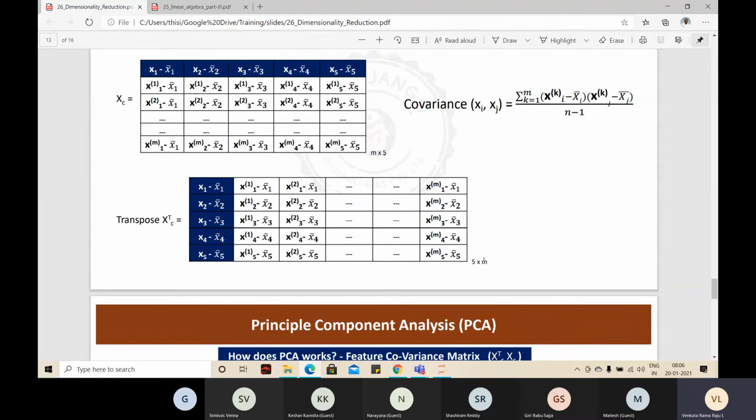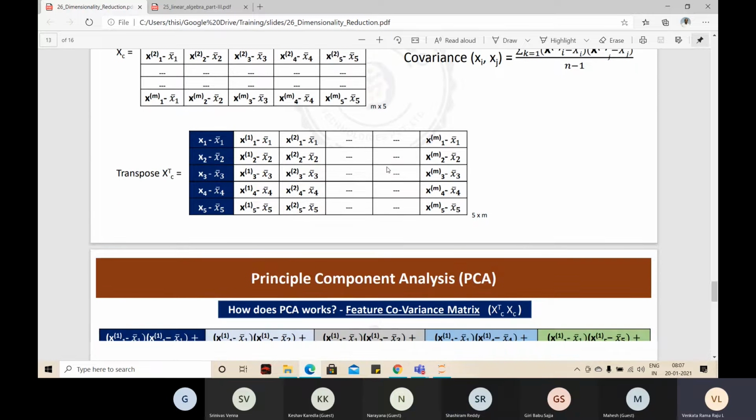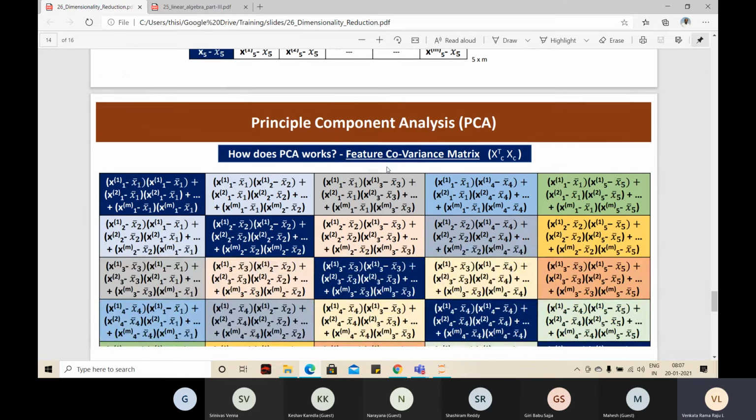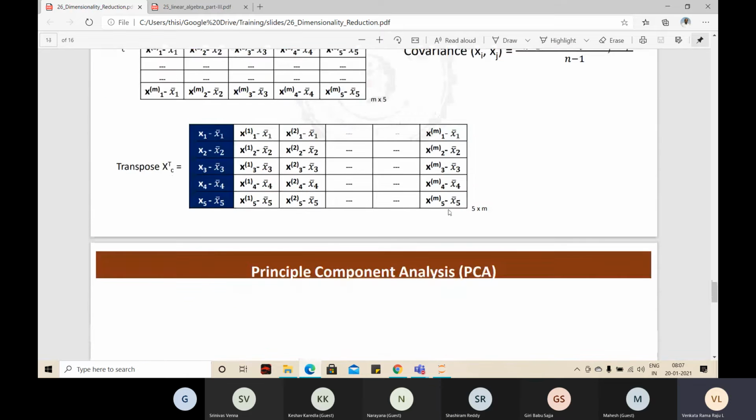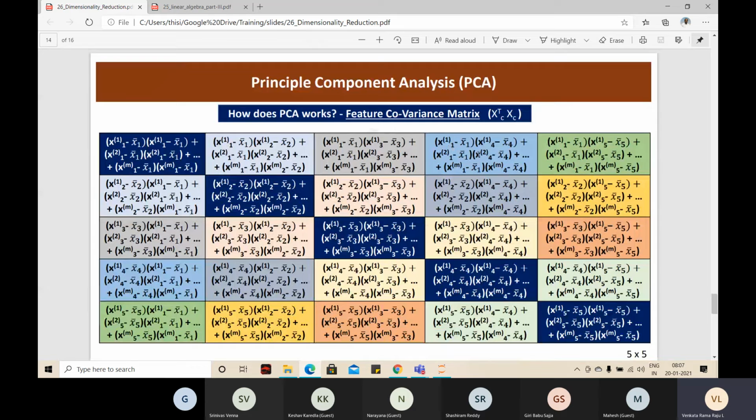You multiply these two, you get 5 by 5. If you do X by X transpose, it's going to be M by M. M by 5 and 5 by M. That gets the covariance between rows, not the columns. So X transpose X is what we take, and then you do decomposition.